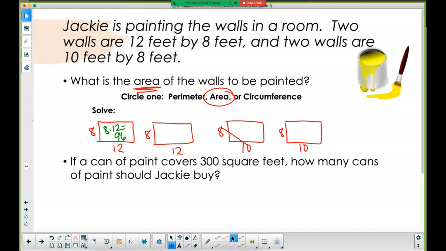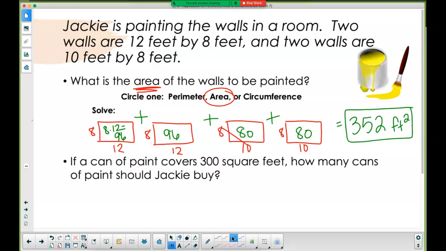Okay, so that means this one is also 96. How about this one? What's this wall going to be? 80, 8 times 10. What do we do with all those numbers? Krista? Add them all together. So 96 plus 96 plus 80 plus 80, it's 352 feet squared.